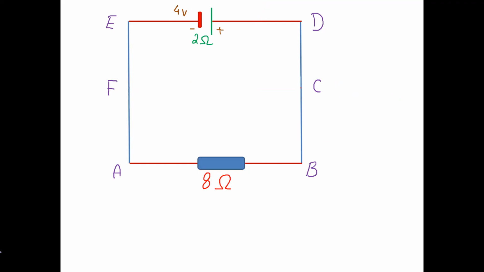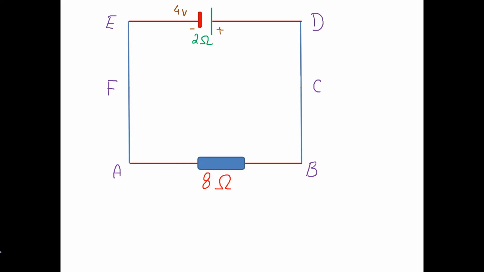Now I have shown a bigger loop. Please make an equation for me in this loop, the second law. Would it be like E equals IR?